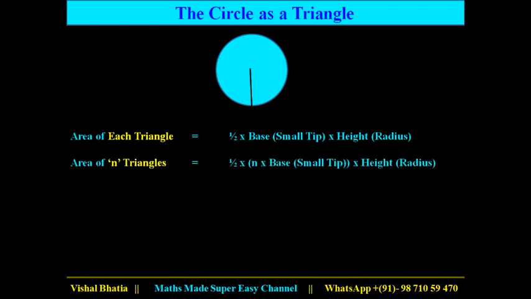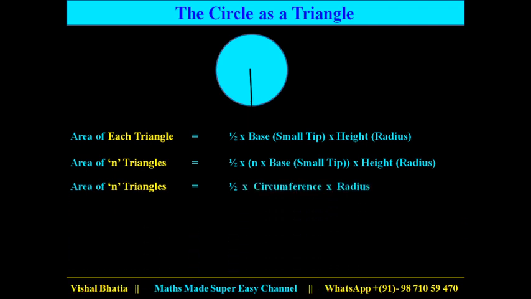The second point is that I create n such triangles if I were to move in a counterclockwise or a clockwise fashion. So the area of n such triangles would be half times n multiplied by base, which is the small tip, multiplied by the height, which in this case is the radius of the circle. Why I have written n along with the bases, we'll shortly see that.